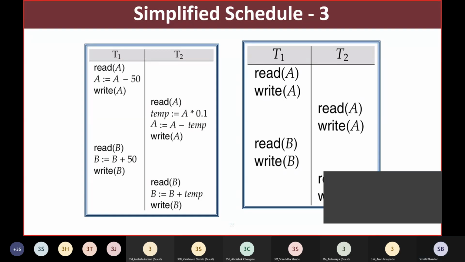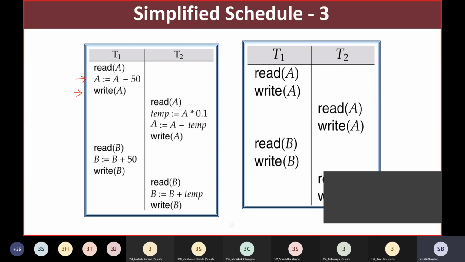So, henceforth, while going for the concept of serializability, we are going to simplify the way we write our schedules. Earlier we wrote our schedules like this: read A, then the operation that is actually performed by the transaction, and then the write operation.